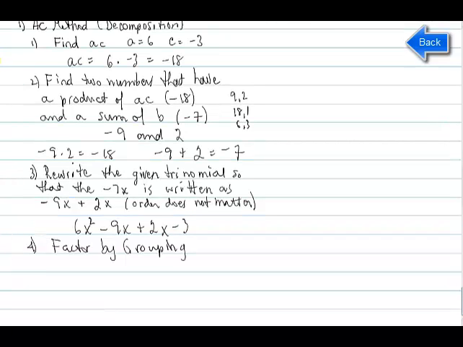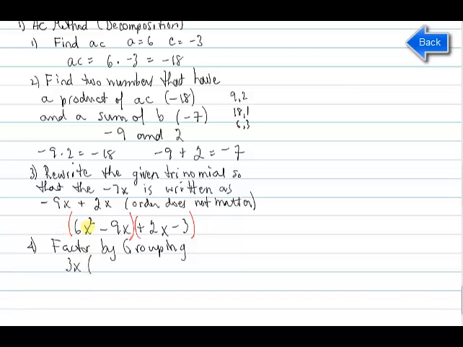Okay, so that means that you want to take your new expression and group them into groups of 2, and you want to take the GCF out of each bracket. So in our first bracket, our GCF is 3x. 3 goes into 6 evenly, 3 goes into 9 evenly. It's the biggest number that goes into both of those numbers evenly, and you've got x squared and x, so you can pull an x out.